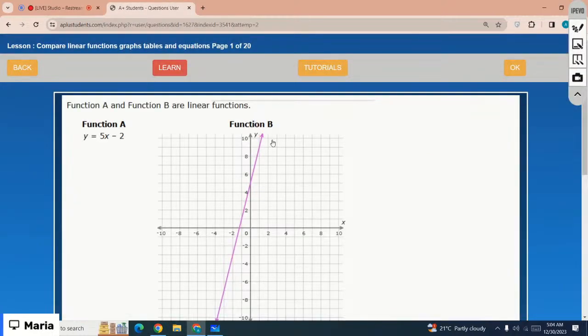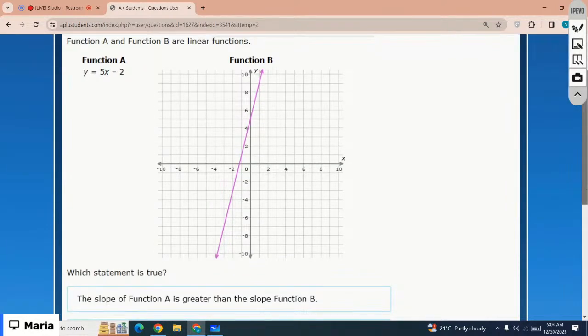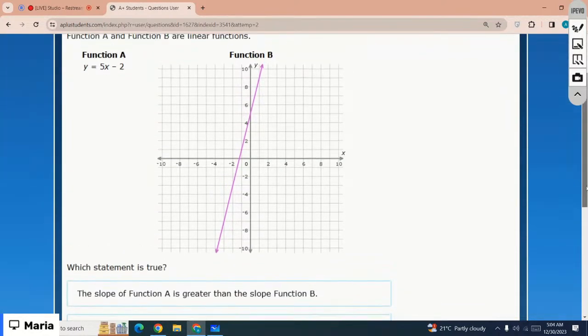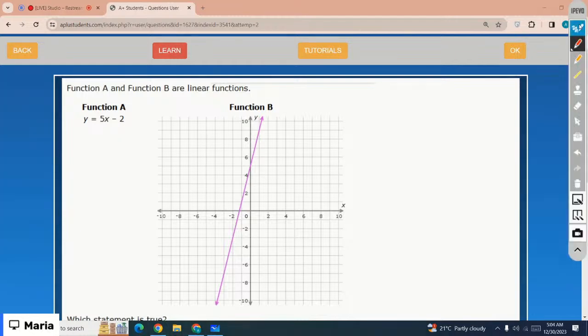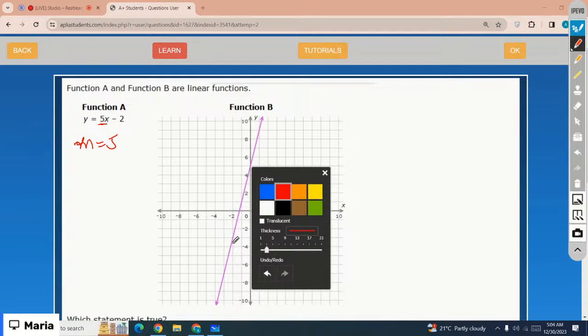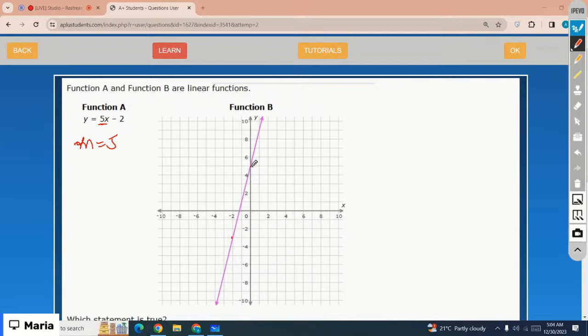Okay, function A and function B are linear functions. Which statement is true? Okay, the statement is about the slopes of the functions. Let's just calculate the slope. For this one, the slope is m equals 5 from here. Now for this one, the slope is there.